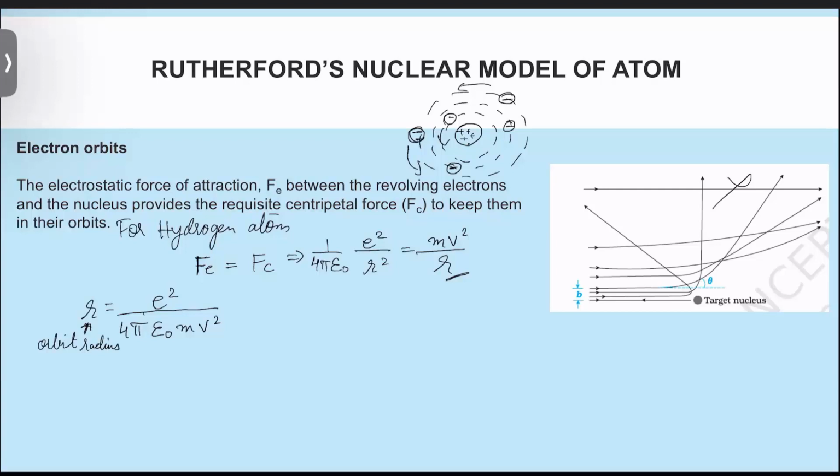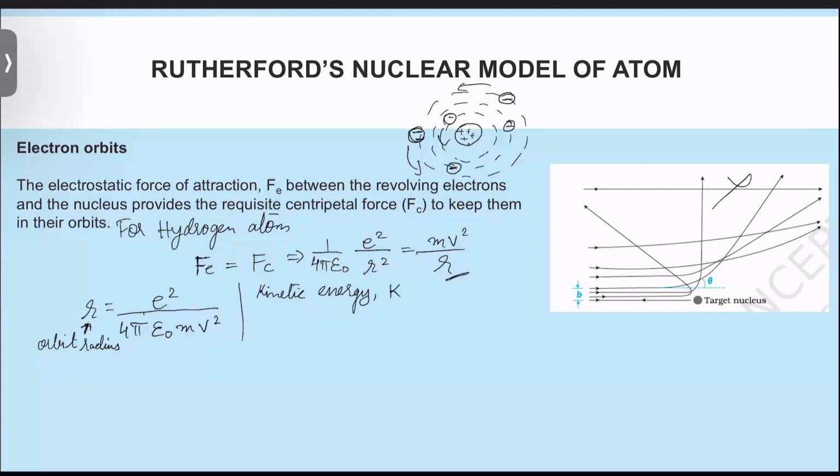Okay, now we will try to see the kinetic energy and the electrostatic potential energy of such an electron in the hydrogen atom. So take the kinetic energy.